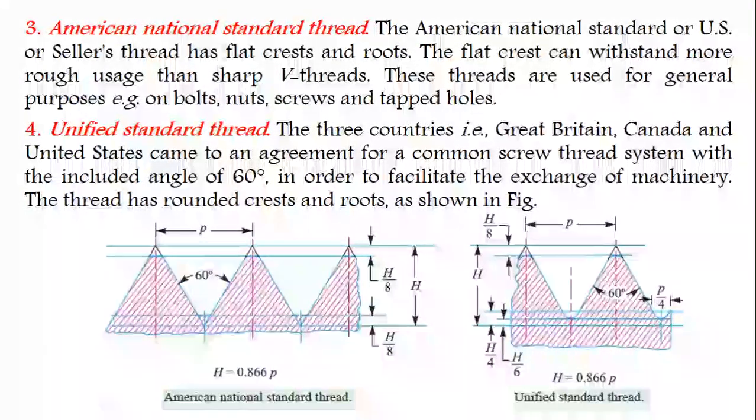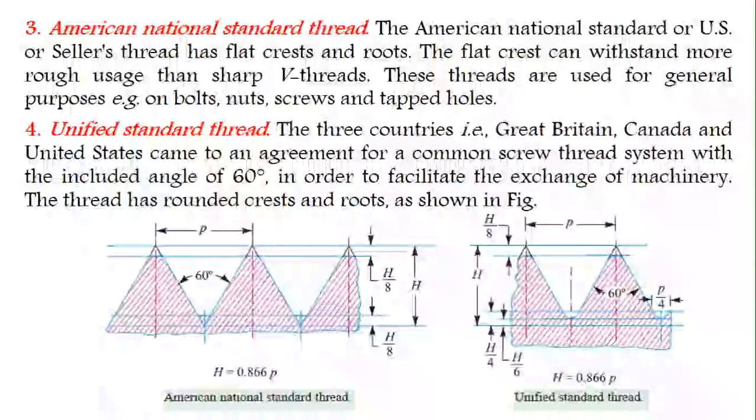Next is the Unified Standard thread. Three countries, Great Britain, Canada and the United States, came to an agreement on a common screw thread system with an included angle of 60 degrees, in order to facilitate the exchange of machinery.